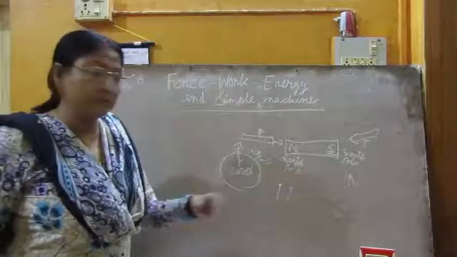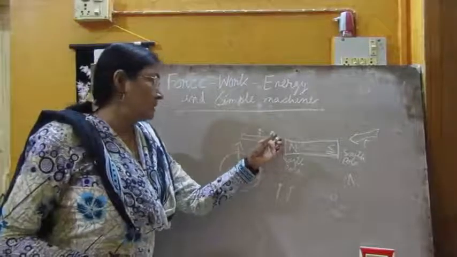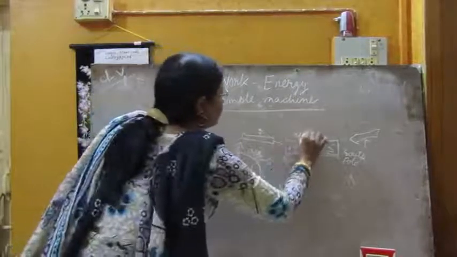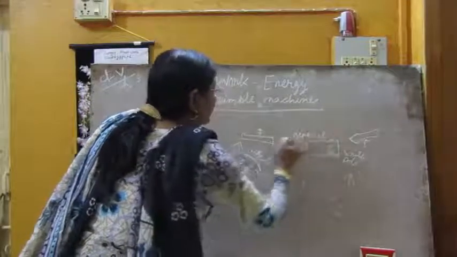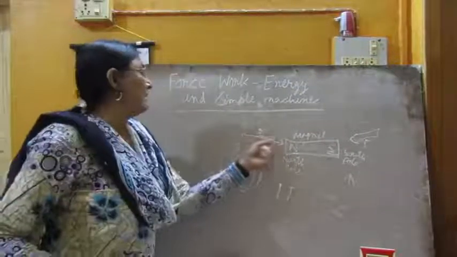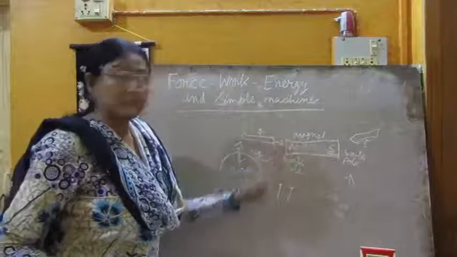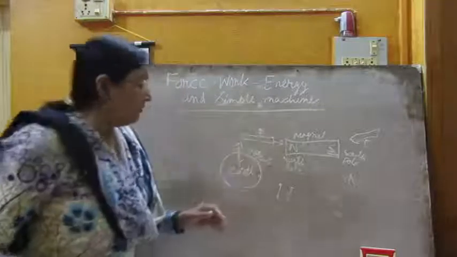So what is magnetic force? Magnetic force is the force by which a magnet attracts an iron bar towards itself. This force is called magnetic force.